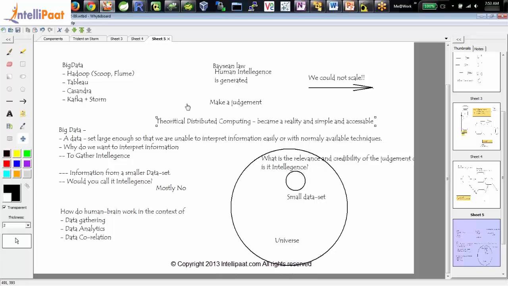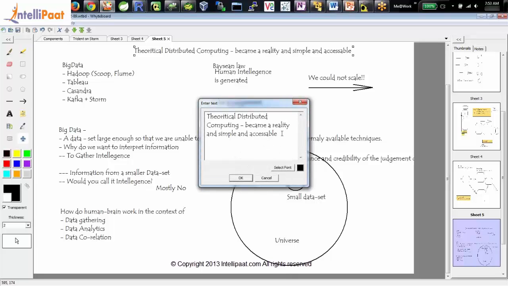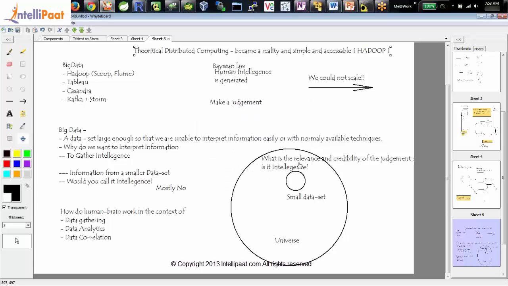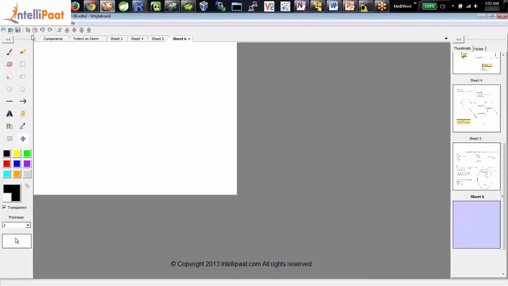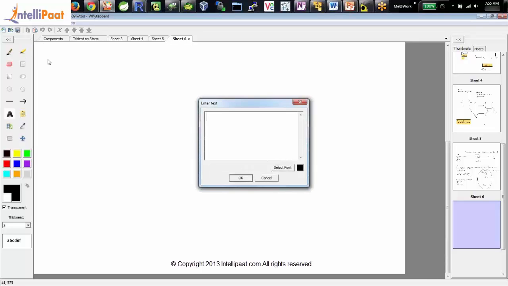That's what everybody is behind Hadoop for. So everybody is behind Hadoop to solve one problem or the other, right? Let's take another sheet. So let's now talk about distributed computing. And so next, now we have come into more technology. Hadoop, computing.